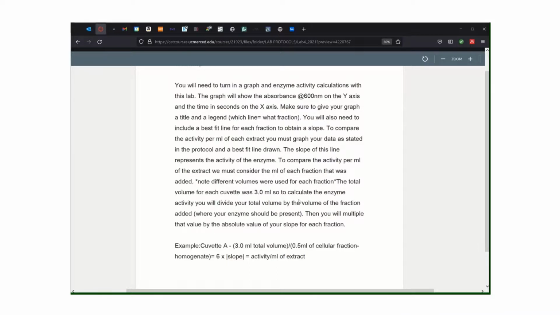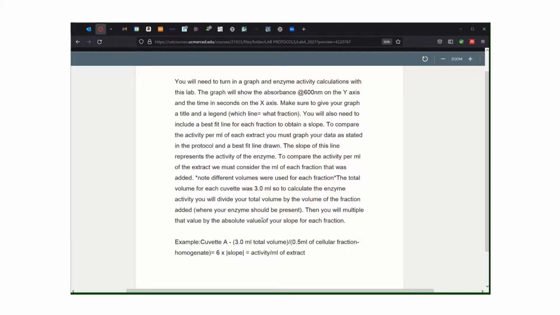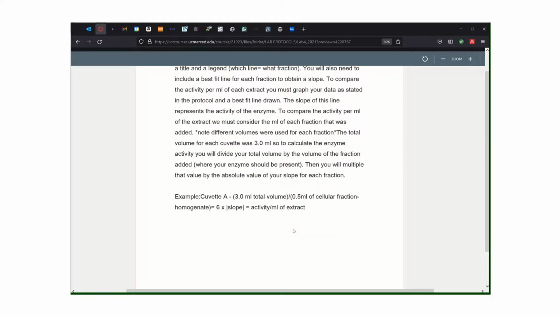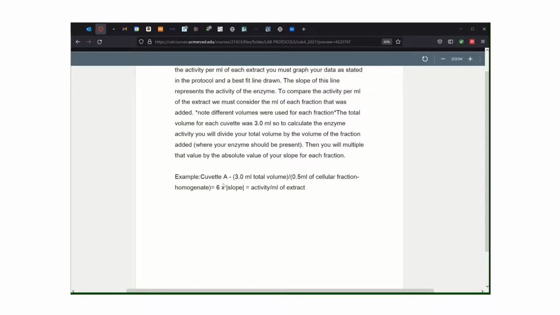So to calculate the enzyme activity, you will divide your total volume by the volume of the fraction added, where your enzyme should be present. Then you will multiply that value by the absolute value of your slope for each fraction. And then they give you an example. Cuvette A, we had 3 mils of total volume divided by 0.5 mils of cellular fraction homogenate.